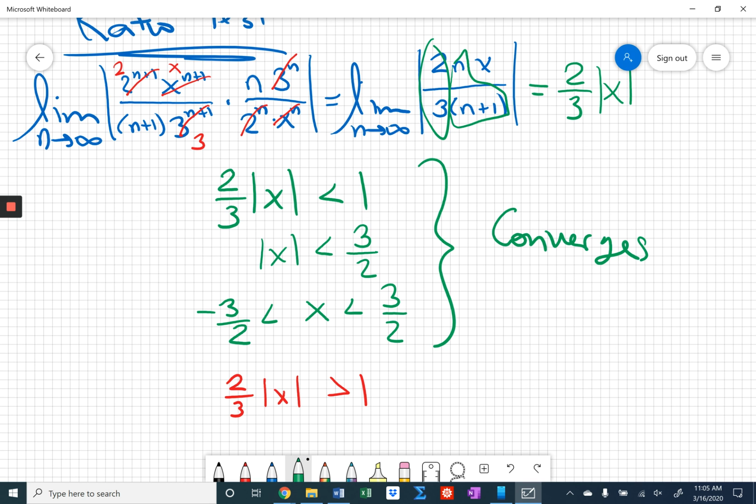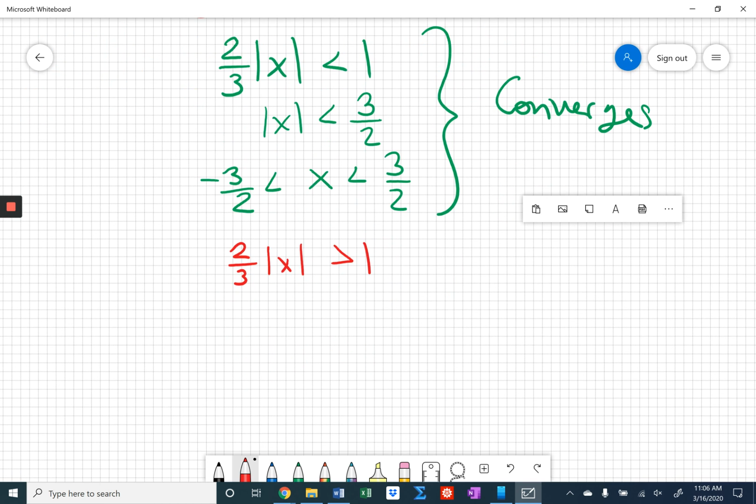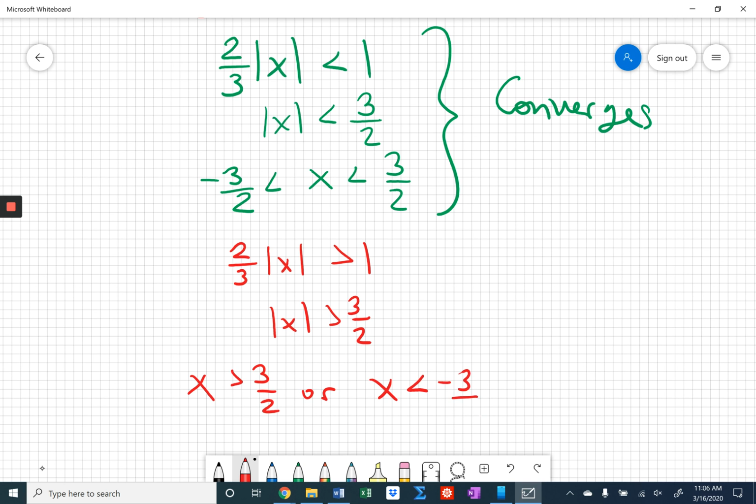And then for diverges, we have this. So that means the absolute value of x is going to be greater than 3/2. Now, from an earlier math class, you may remember that means that x is going to be greater than 3/2, or x is going to be less than -3/2. Again, I'll talk a little bit about that in a moment. This is diverges.